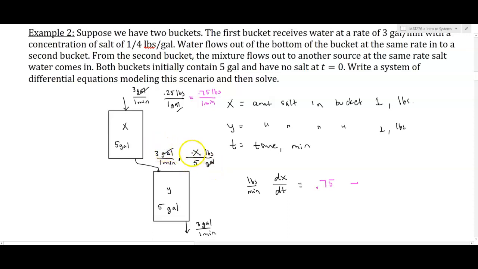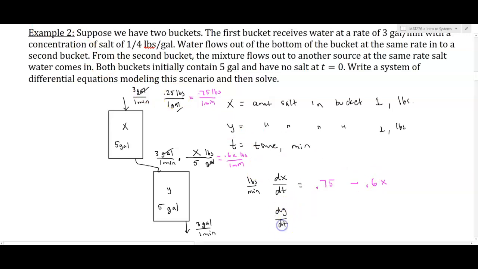So we have 3x over 5, or 3/5 x, which is 0.6x, and this will be in pounds per minute. So this will be my 0.6x.